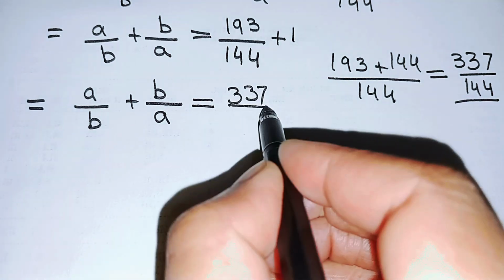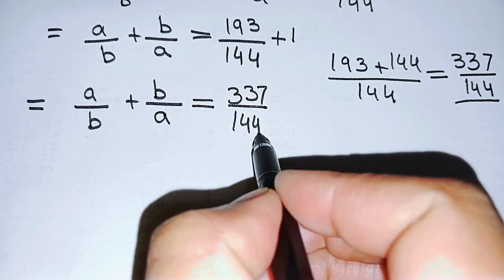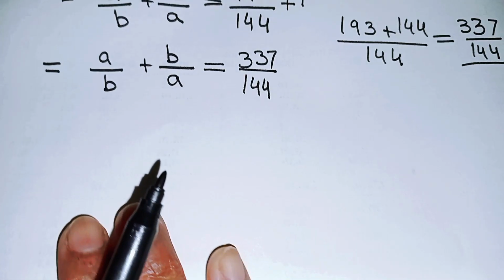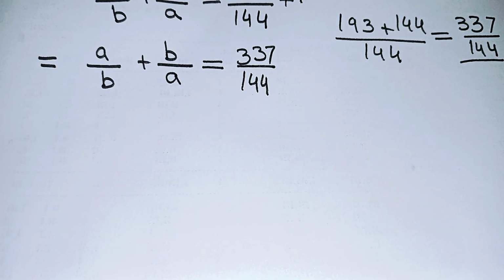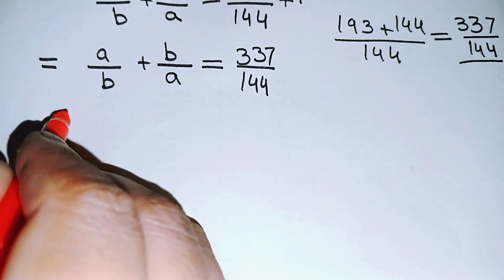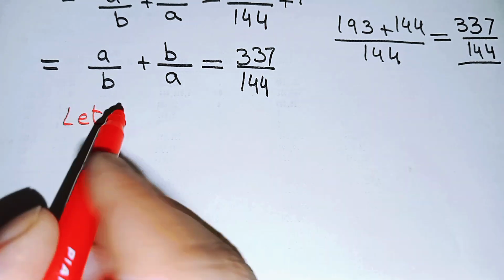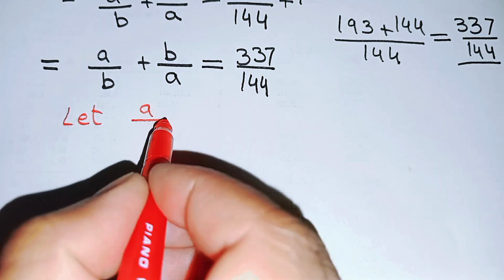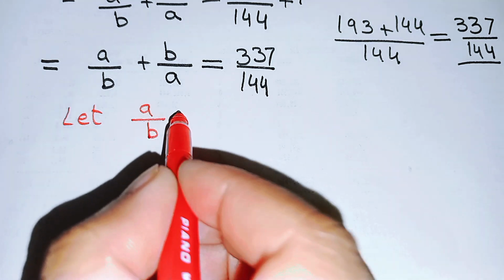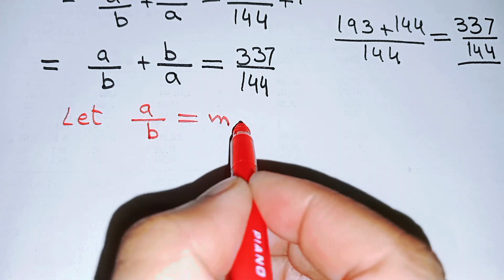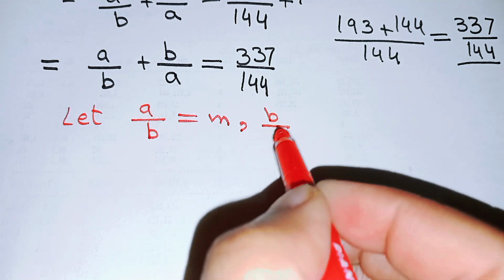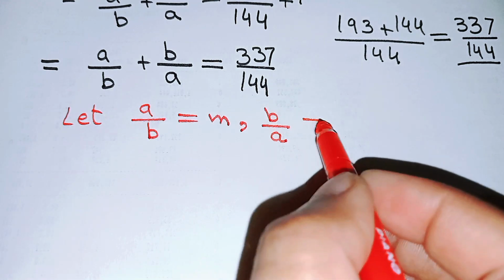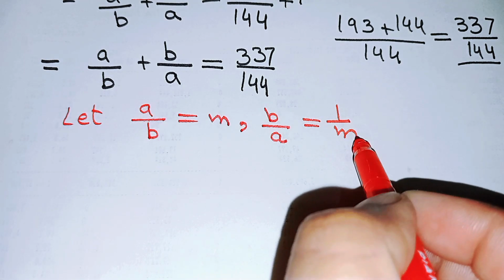Now we let a over b be m, and b over a be 1 over m.